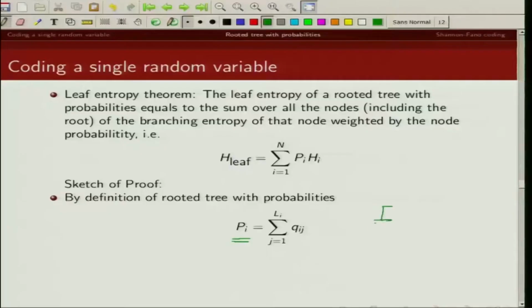So if you are interested in finding the probability of this node, this is nothing but the probability of this node plus the probability of this node. So if you have L branches, you have this relation. That's what I am saying: this follows from the definition of a rooted tree with probability, that the probability of a node in this rooted tree is nothing but the sum of probabilities of nodes and leaves at depth 1 from that particular node.